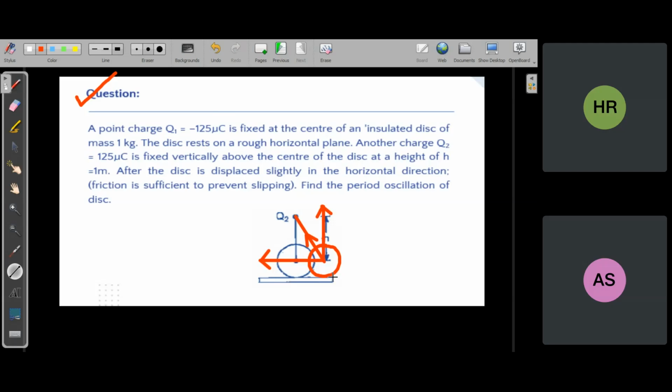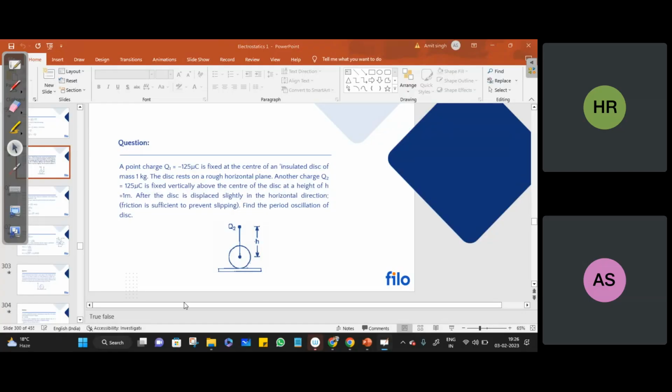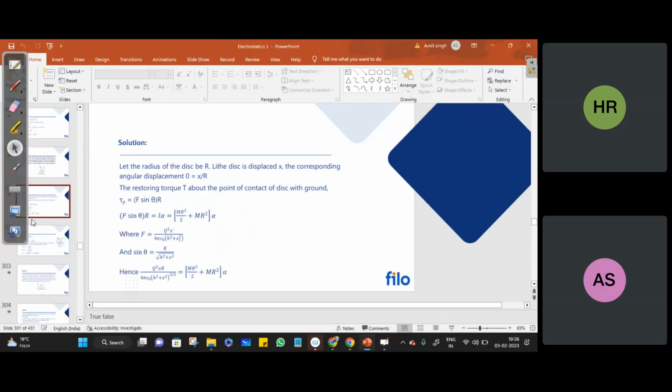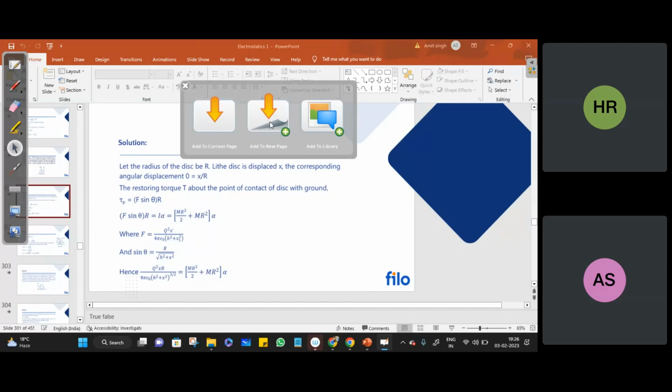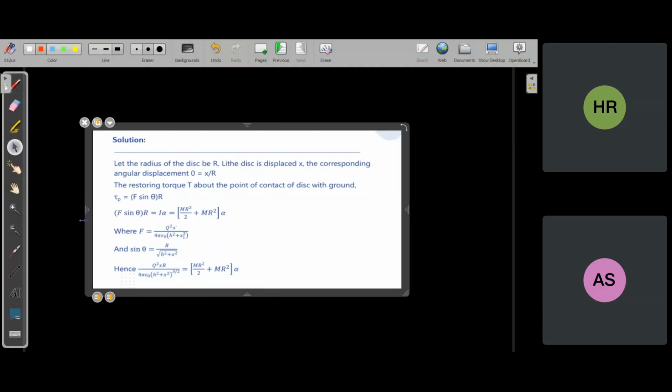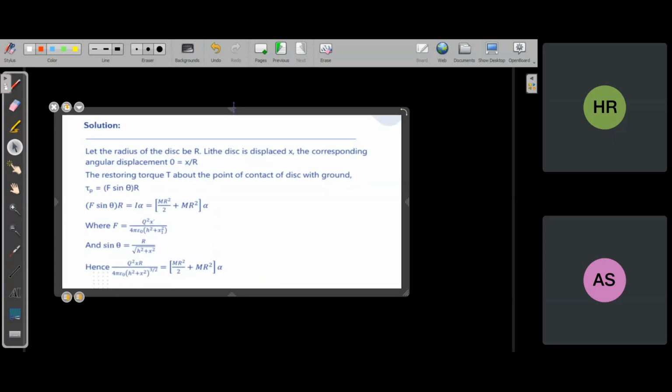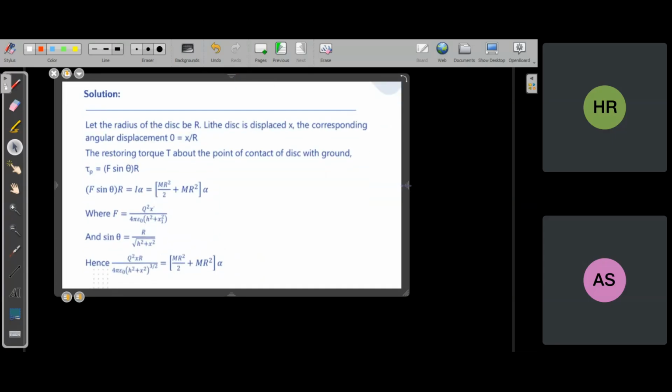Because of this component, there will be a torque about the point of contact. So that entire SHM concept here, you have to apply angular SHM. So ultimately you have to prove that alpha is equal to omega square theta, or you can also do it by the force method.